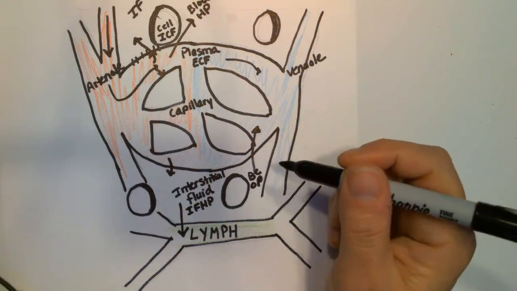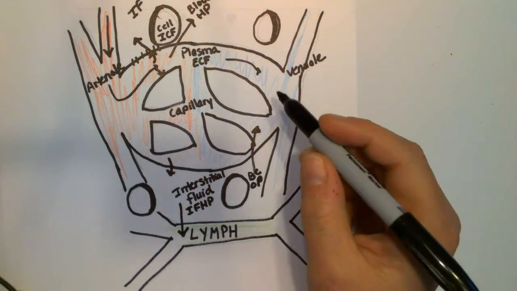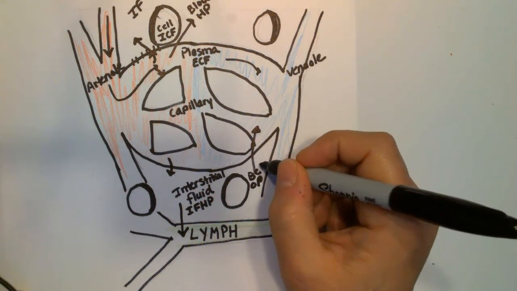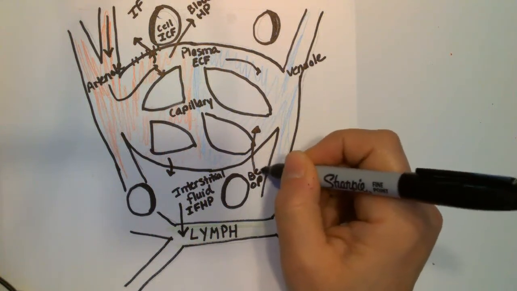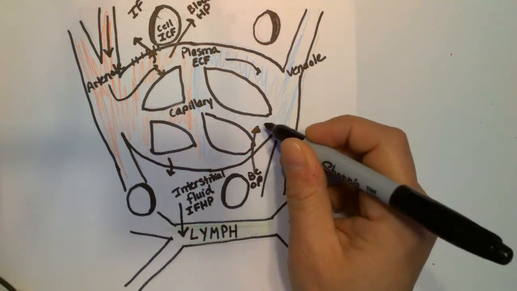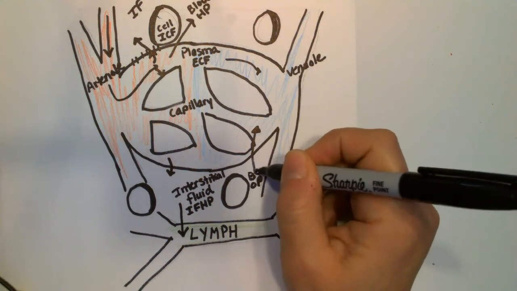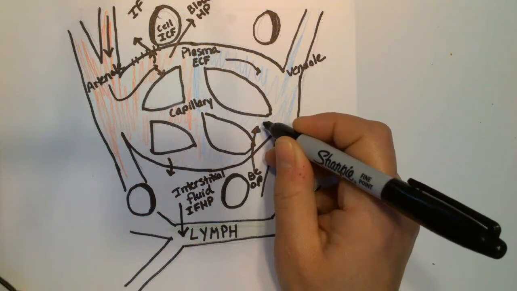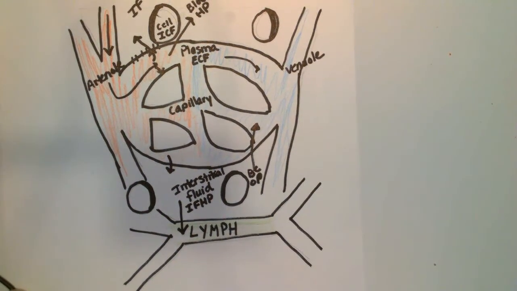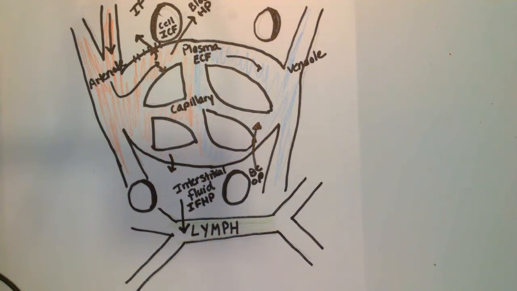And it's caused by the solute concentration of protein. So water will end up moving from high concentration here, which means there are fewer proteins on the outside of the vessel than on the inside. So there's more water on the outside than the inside, and so the water will pull into the capillary.